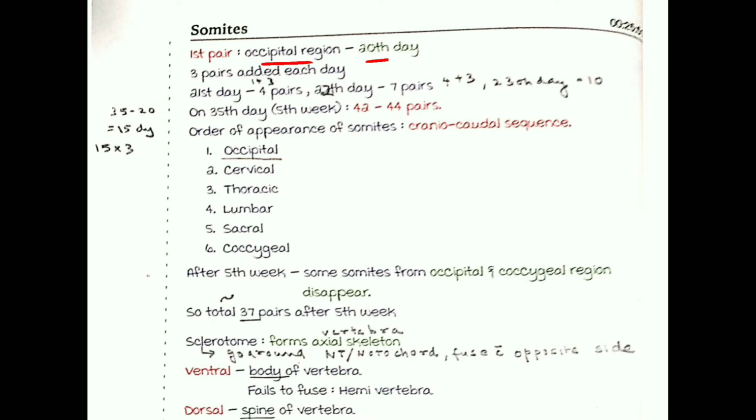On the 22nd day, 4 plus 3, that is 7 pairs, are formed. So each day 3 pairs are getting added. On the 23rd day, it will be 10 pairs.